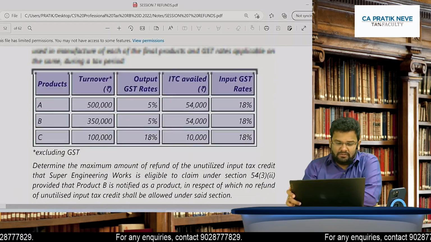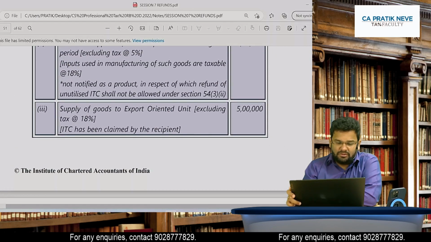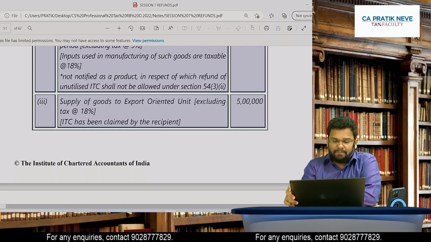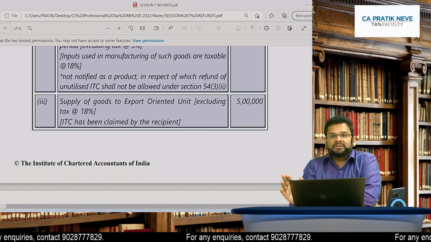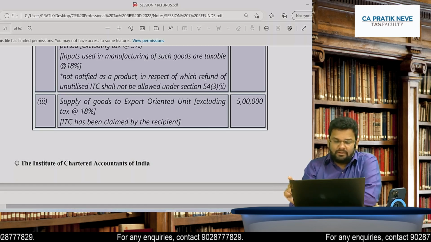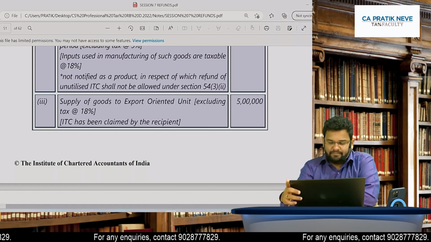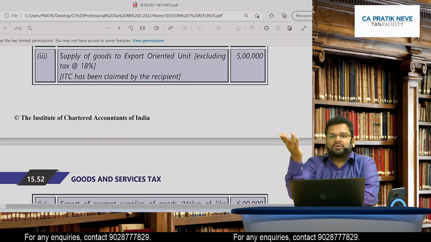In the third transaction, supply of goods to EOU, recipient means they are talking about the opposite party, the recipient of supply, that is the person to whom you have sold the goods.